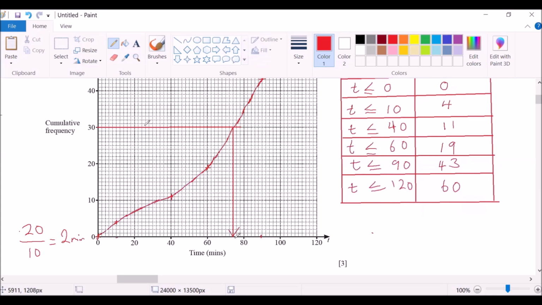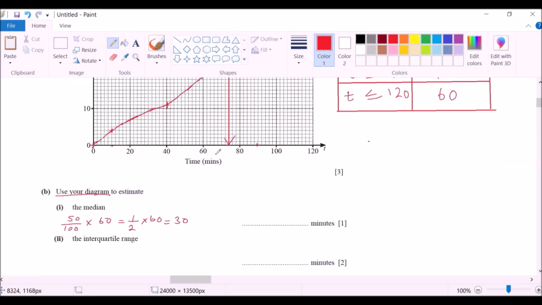So to read this value here, we start from 60, 62, 64, 66, 68, 70. 70 is here. Then 72, 74. So the value there is 74 minutes. On this axis, one small square is representing 1 unit because this is 0 to 10. So each small square is 1 unit. So 30 corresponds to 74 minutes.